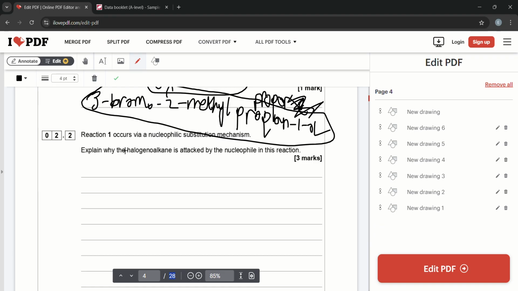2.2. Reaction 1 occurs via a nucleophilic substitution mechanism. Explain why the halogen alkane is attacked by a nucleophile in this reaction.